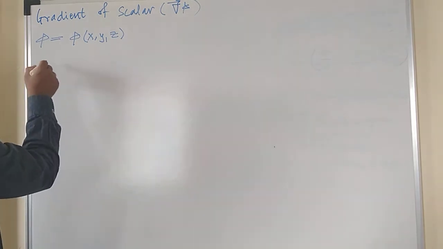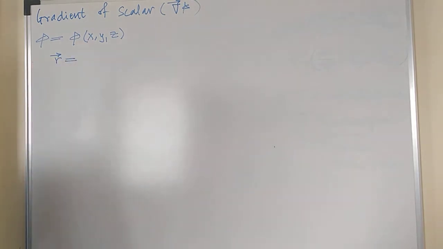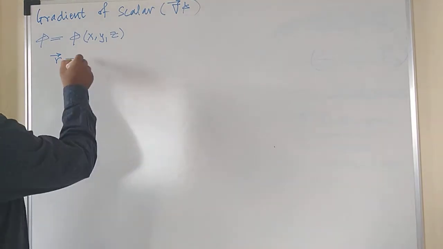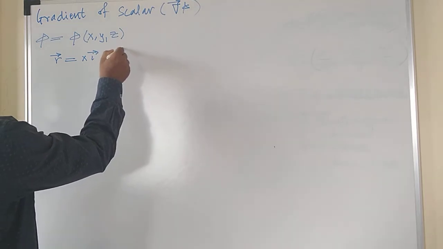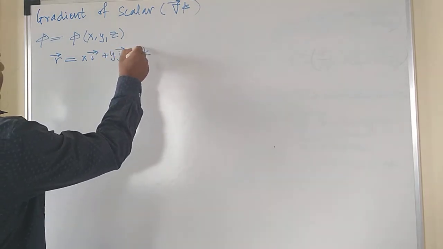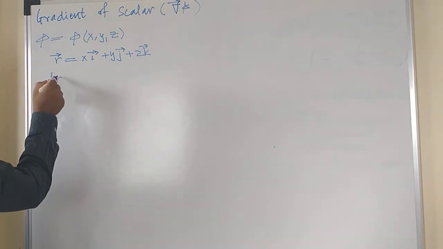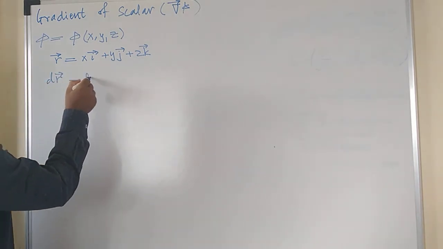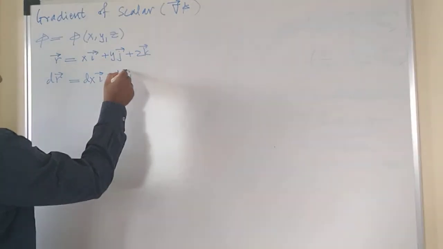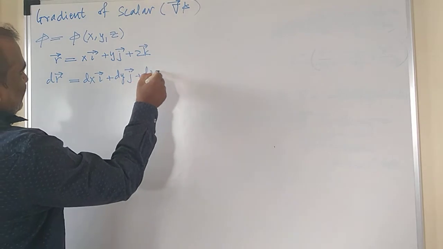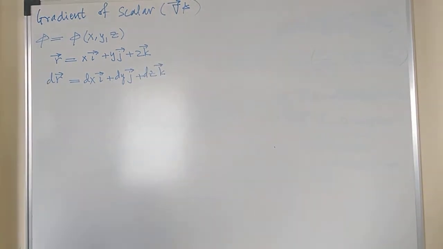And therefore I can say r bar is the position vector of x, y and z, and it can be written as x i bar plus y j bar plus z k bar. So this is the position vector, and if you differentiate this, you will get dr bar equal to dx i bar plus dy j bar plus dz k bar. Got it? This also we studied yesterday.